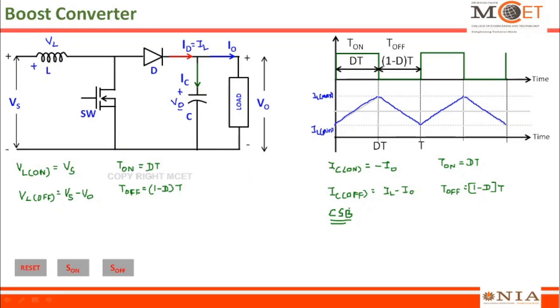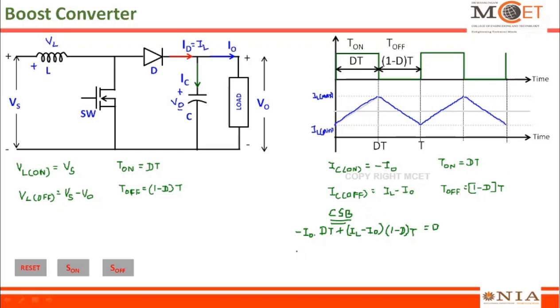So for the current second balance, I am going to multiply the current through the capacitor in on condition into its time, plus the current through the capacitor when it is in off condition into its time. So (I minus I naught) into dT plus (IL minus I naught), which is the current through the capacitor when it is in off condition, into (1 minus D) into T is equal to 0.